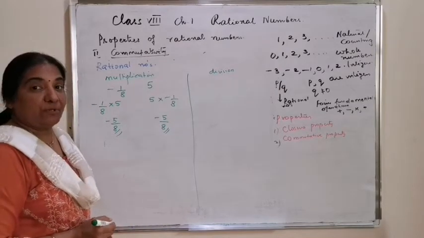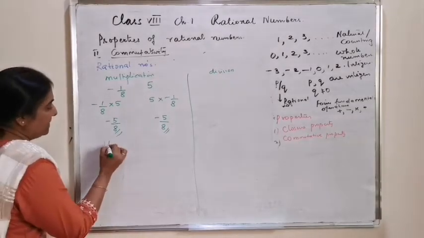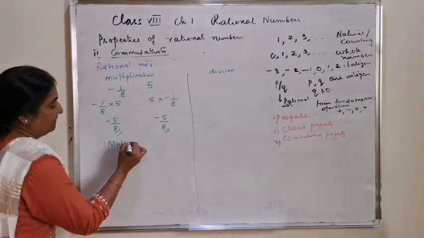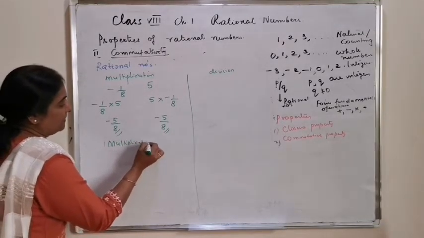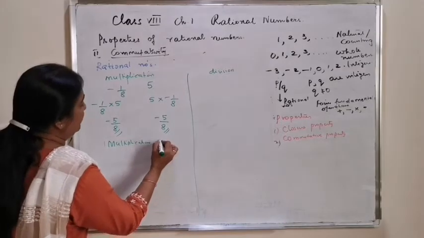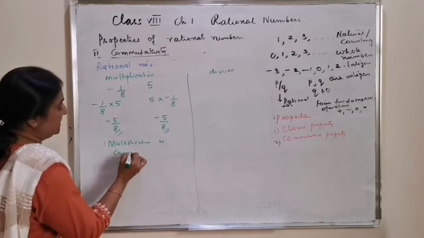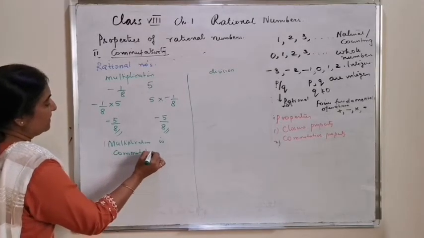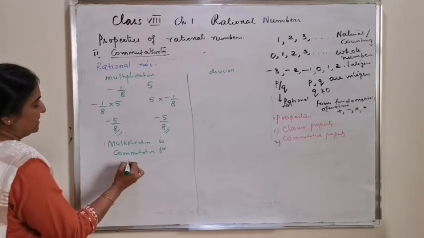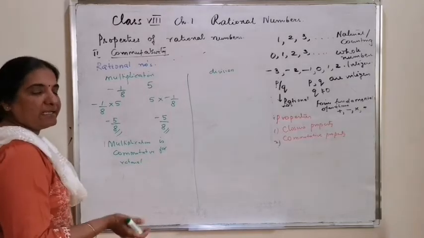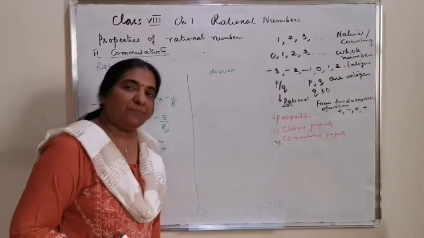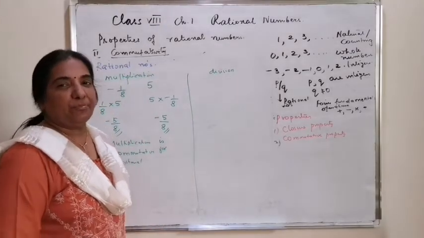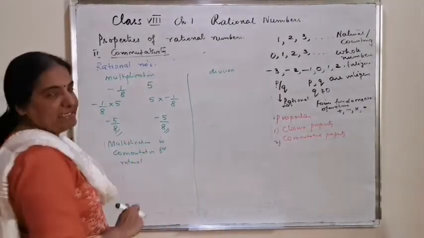So the property is that multiplication is commutative for rational numbers, or rational numbers possess the commutative property under multiplication.